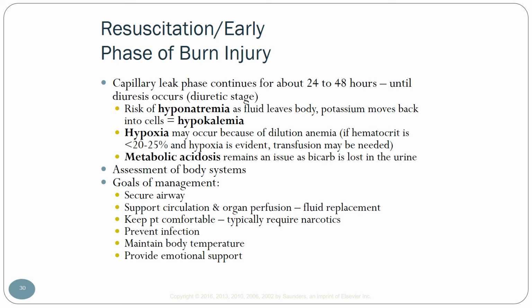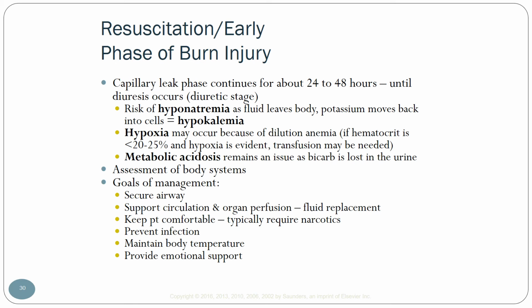Hypoxia can occur because of dilution. If the hematocrit drops below 20 to 25%, we may actually have to transfuse the patient. So again, the fluid is shifting back the other direction, moving into the vascular space, and we're trying to diurese it through the kidneys, but we could have dilution and hypoxia as a result.